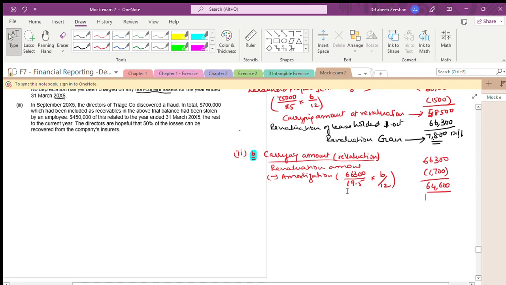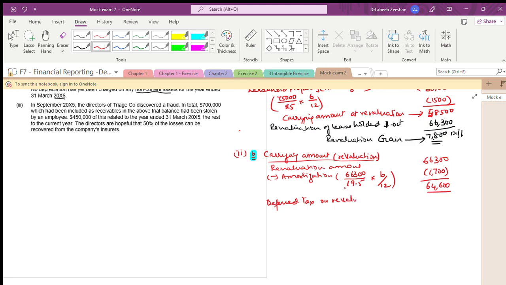Now, deferred tax on revaluation gain. Revaluation gain is how much? 7,800.